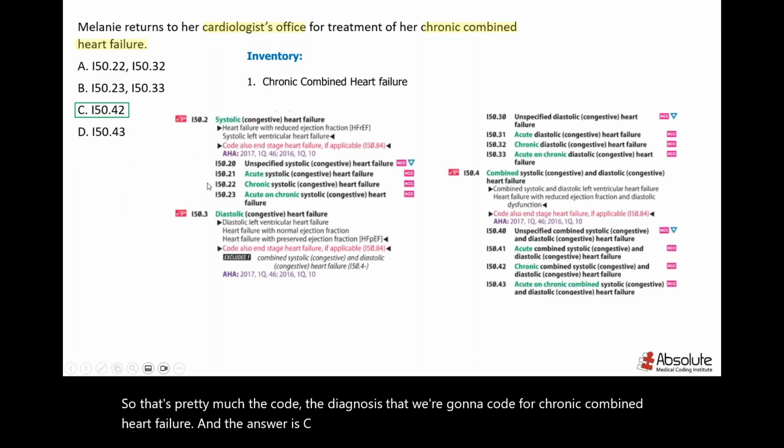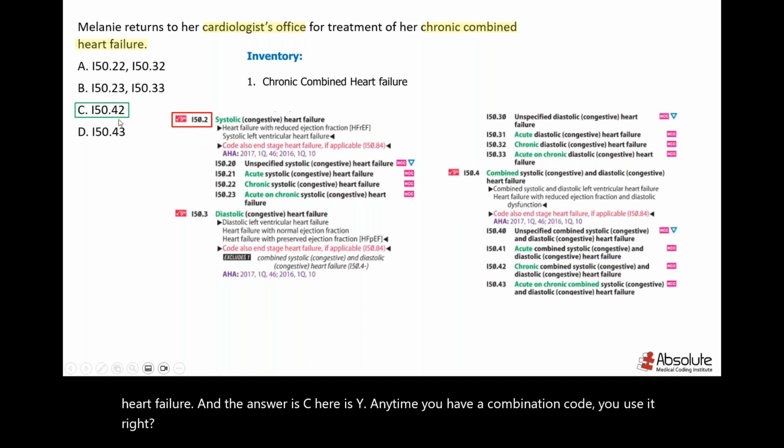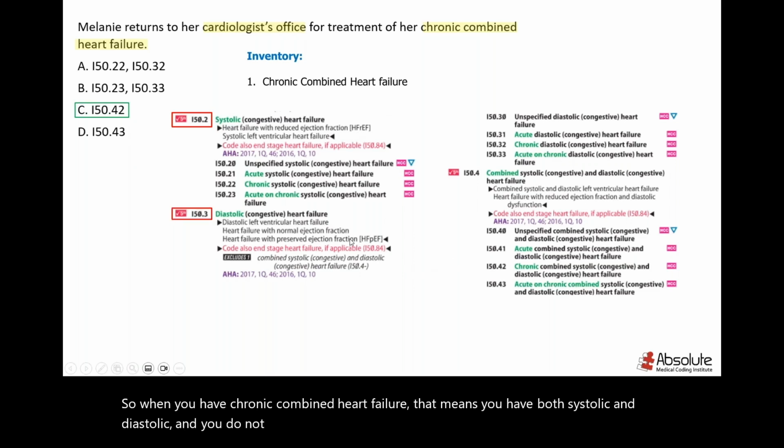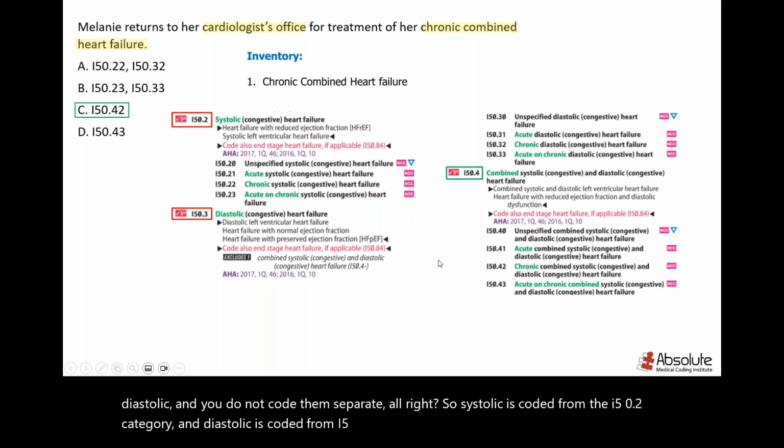Here is why. Anytime you have a combination code, you use it, right? So when you have chronic combined heart failure, that means you have both systolic and diastolic, and you do not code them separately. Systolic is coded from the I50.2 category, and diastolic is coded from the I50.3 category.